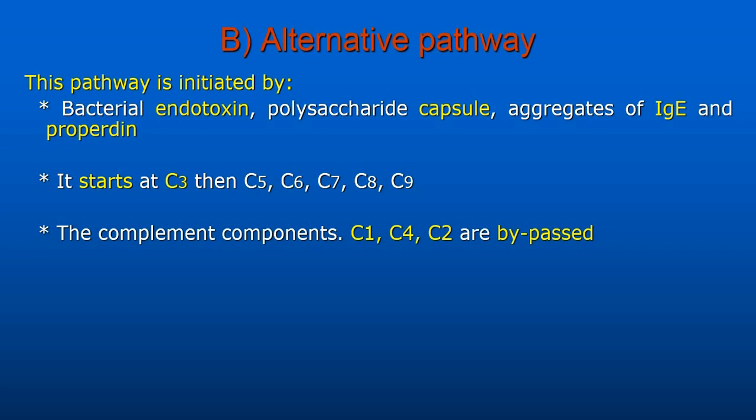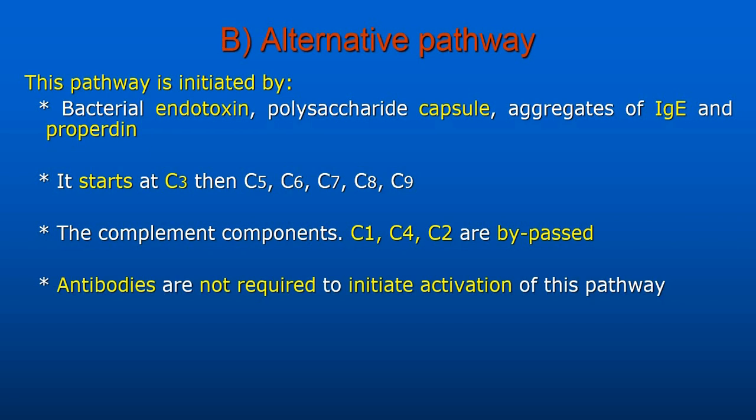A very important point often asked in Sardar Patel University and other CSIR NET entrance examinations: antibodies are not required to initiate activation of this pathway. Therefore, the alternative pathway can be said to be a true representative of the innate immune system, because antibodies are not required to initiate its activation.